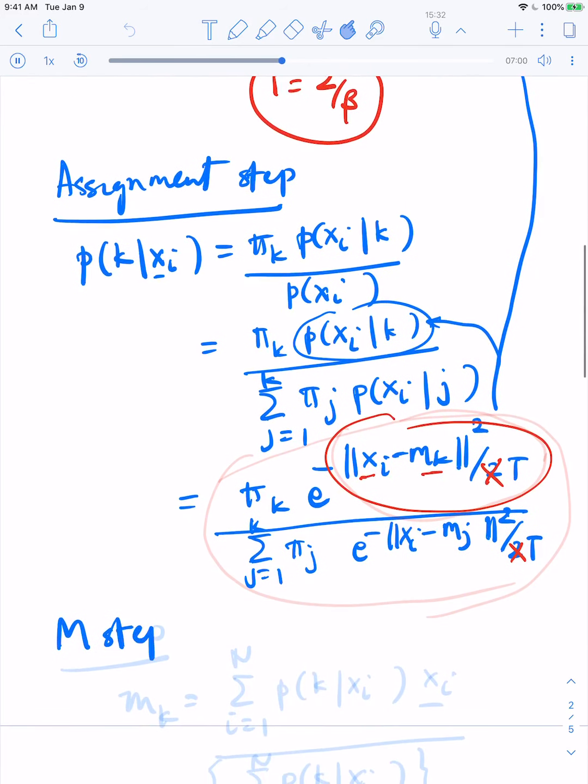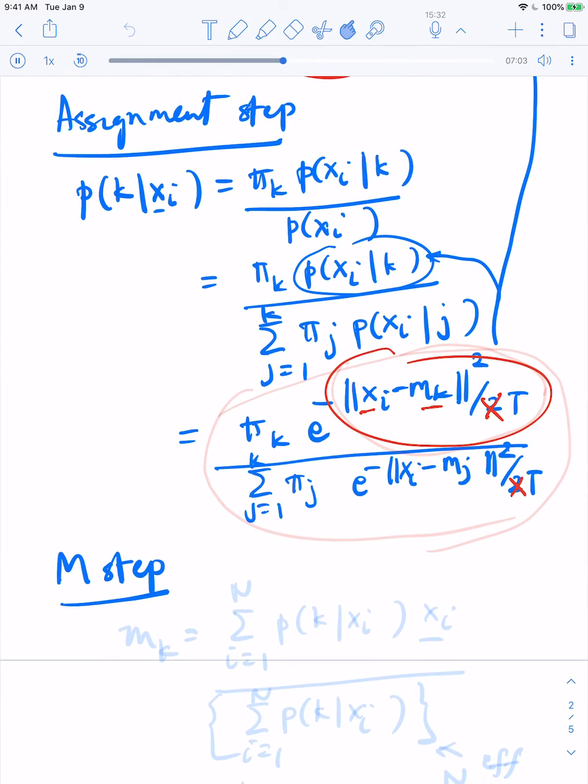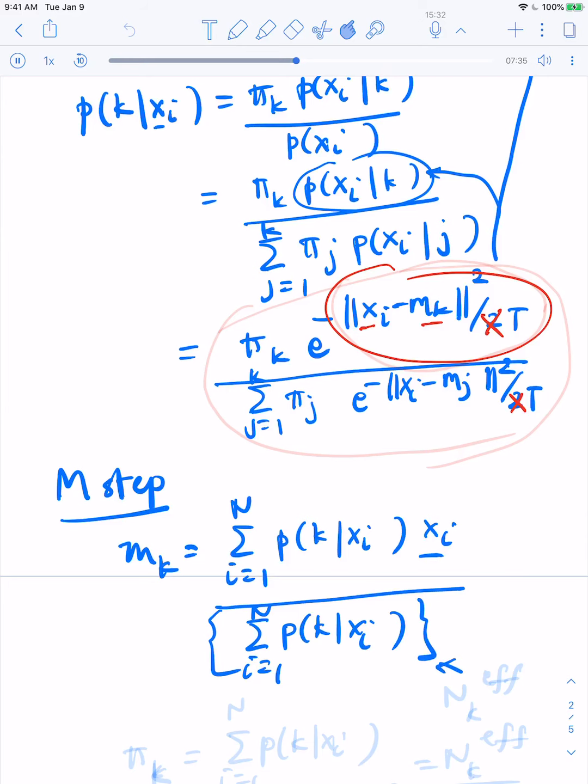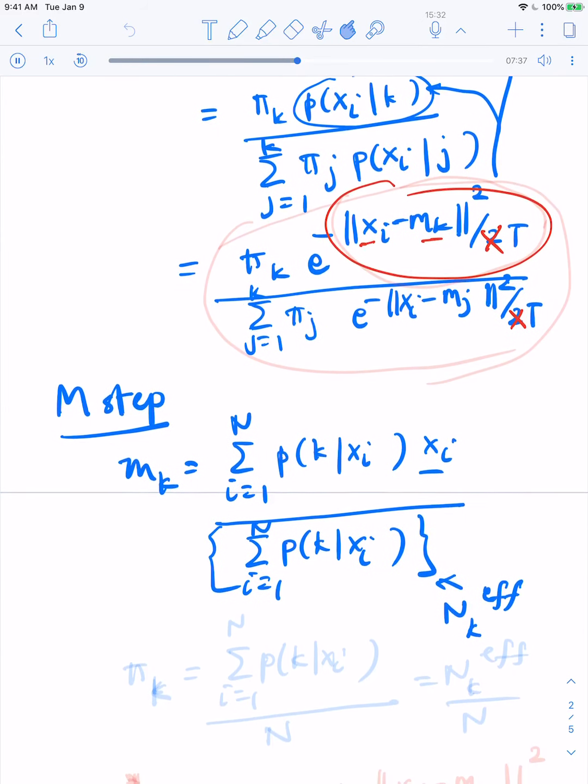Okay, and the M step is the same as before, except I no longer have to update the covariance. My cluster center is updated the same way as before. Sum over all the data points the fraction of the data point you have assigned to the kth cluster times that data point, and you divide by the sum of these weights, which we have noted already can be thought of as the effective number of data points you have associated with cluster k.